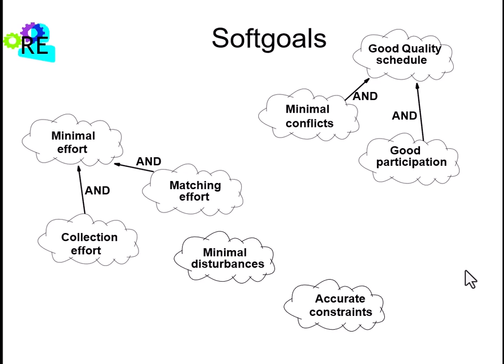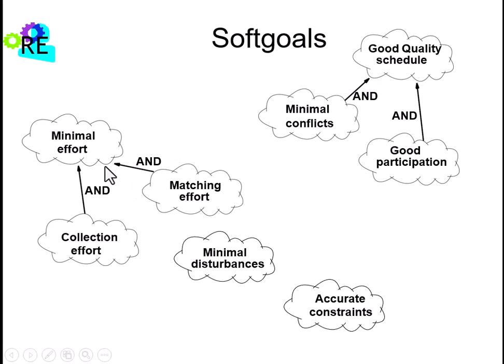So we will later implement tactics for achieving the quality attributes. Again, in soft goals we can also use AND OR refinement, such as minimal conflicts and good participation. Both of these soft goals should be assured to achieve the good quality schedule.